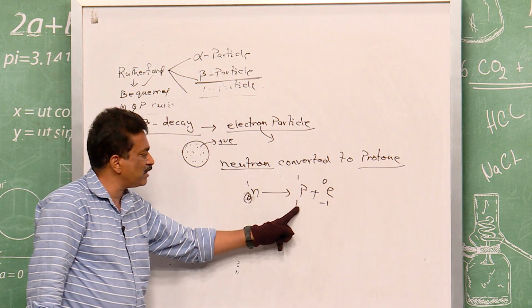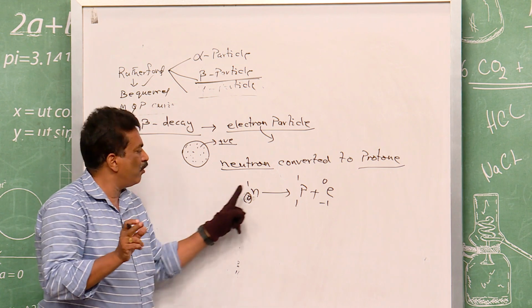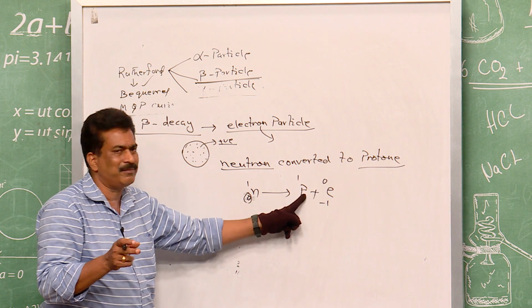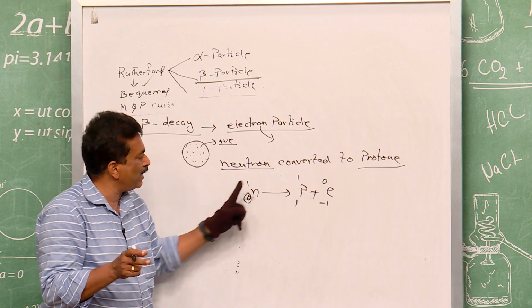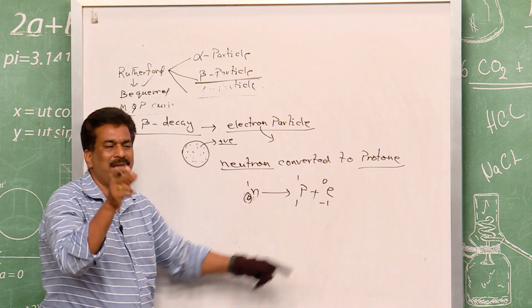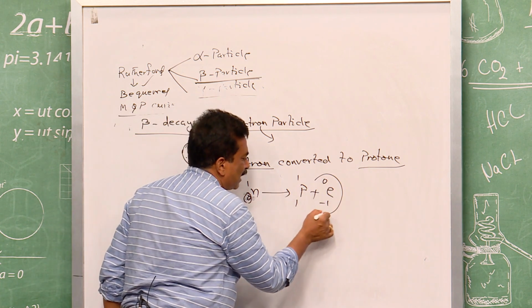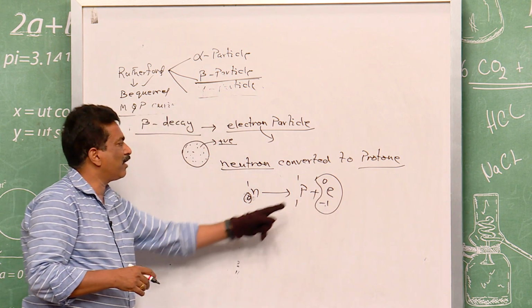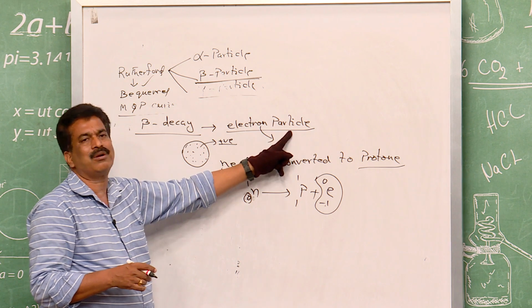Originally this positive charge was not there. The neutron is converted to a proton. To maintain the same charge, a negative charge has to arise. So this negative charge which arises here is -1. Therefore, that is the electron particle.